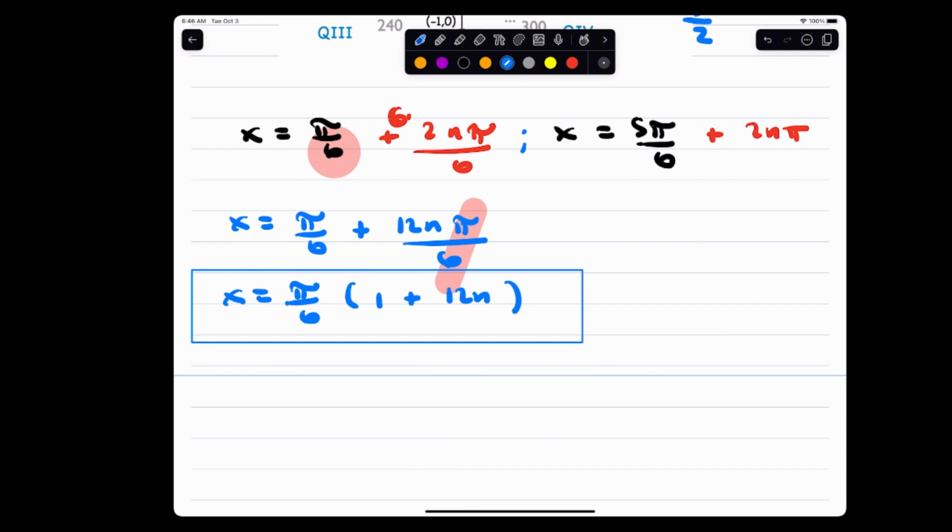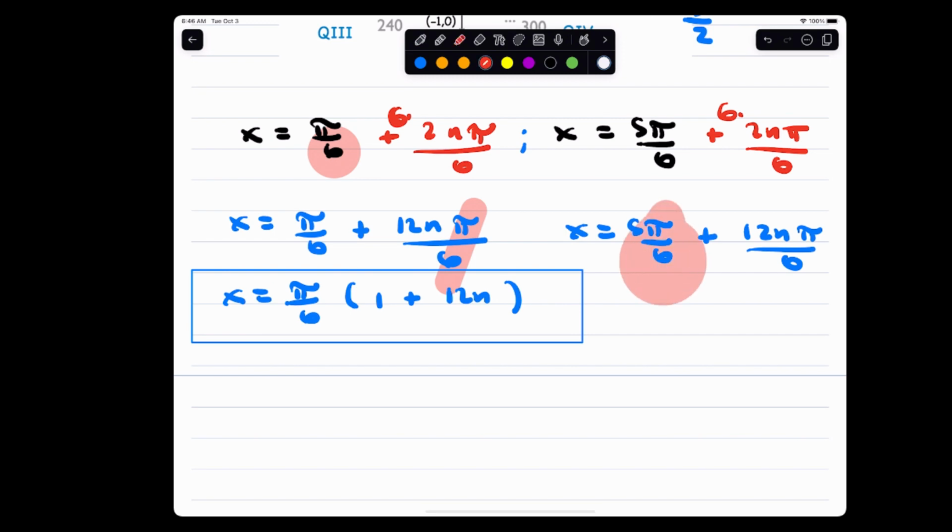Now do the same with the other one. So you might be looking back at the book in some of these questions and say, how did they get those answers? Well, they wrote this sequentially. And that's 5 pi, again 12n pi over 6, and you factored out the common pi over 6.